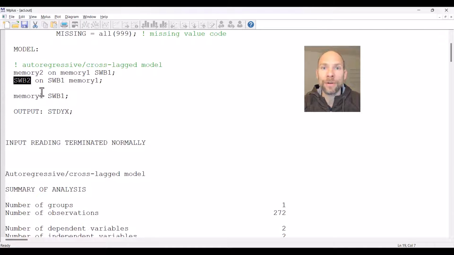Those error terms are allowed to correlate in case there are time-specific influences at time 2 that they share, and so this covariance or correlation will be estimated automatically by Mplus.